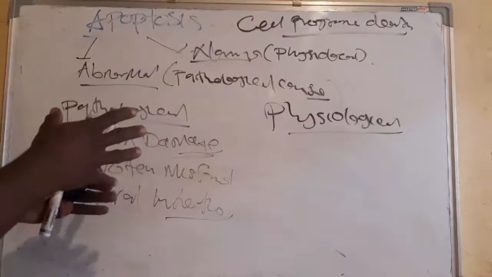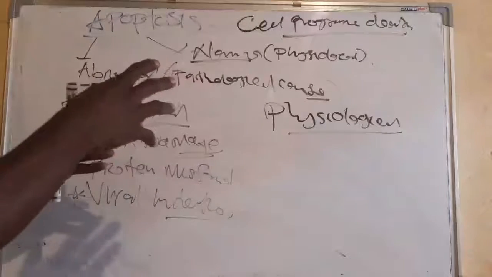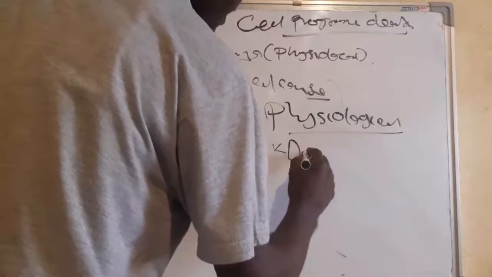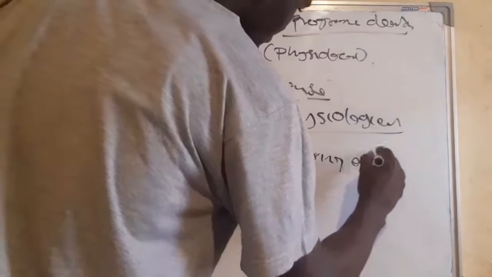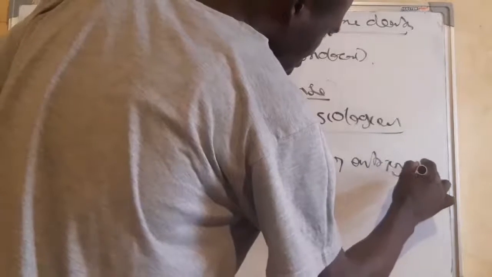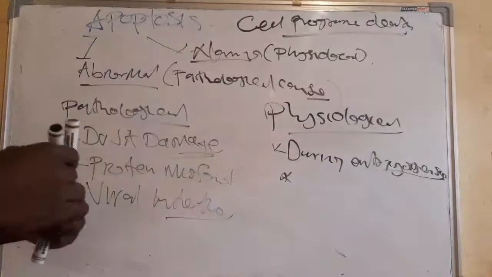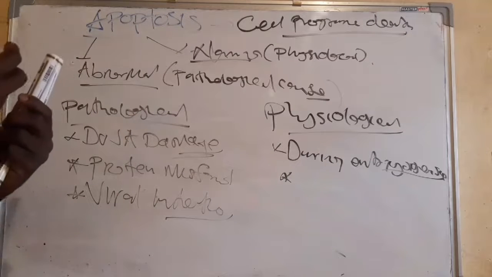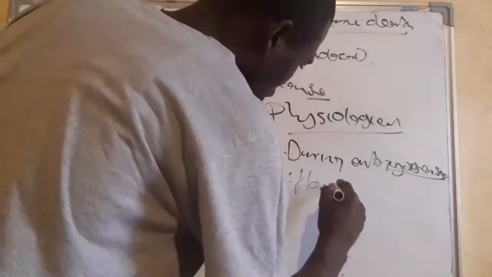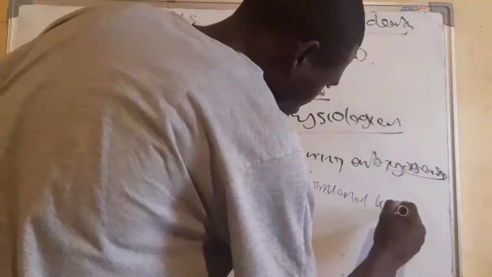The physiological cause of apoptosis, which is the normal cell programmed death. The causes of physiological apoptosis are, during embryogenesis, okay, embryogenesis. Then another one is due to hormonal withdrawal.